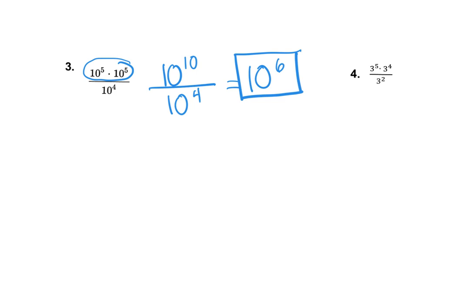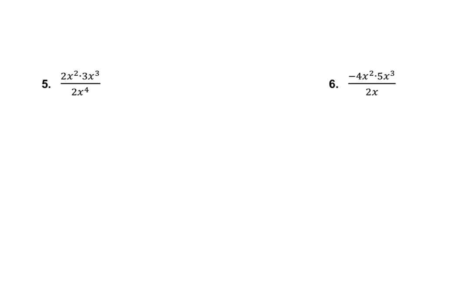And we'll skip question number 4. All right, so let's skip question number 5, and we'll move on to question number 6. So we're going to simplify everything on the top right here, and you're going to do negative 4 times 5 and multiply those just like you always have. And then you're going to add these exponents together, giving you x to the 5th.